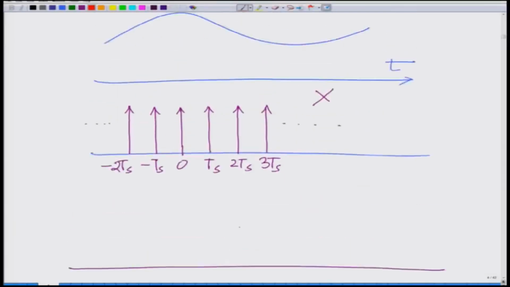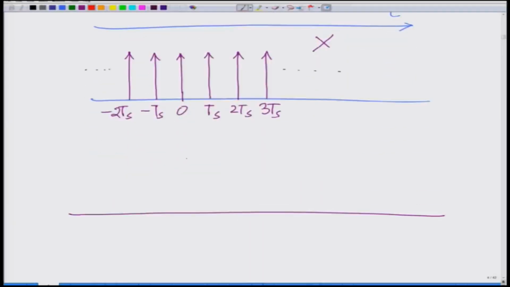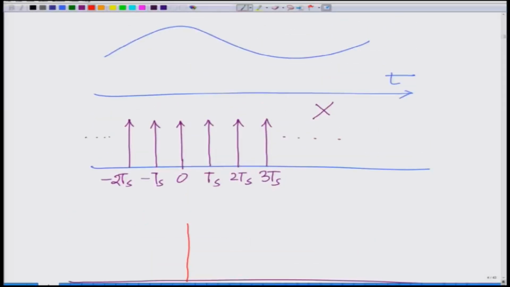And therefore, what you have is the signal at 0 will pick m of 0. At Ts you will pick m of Ts.